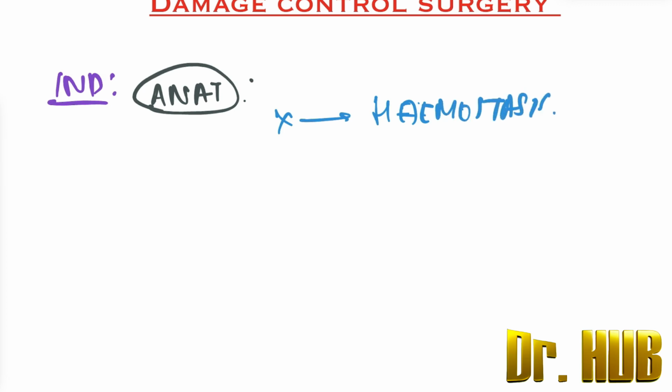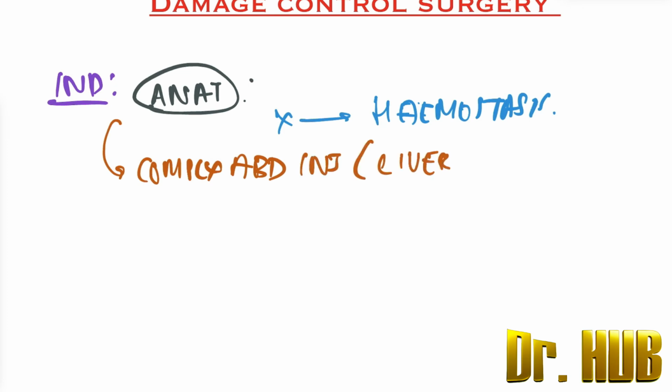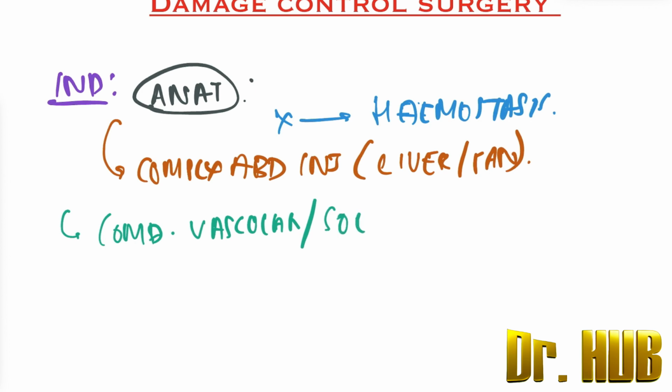The second one will be the complex abdominal injury, for example the liver as well as the pancreas. Next will be the combined vascular, with solid as well as hollow organ injury.